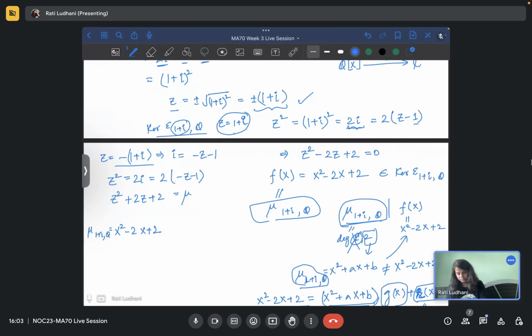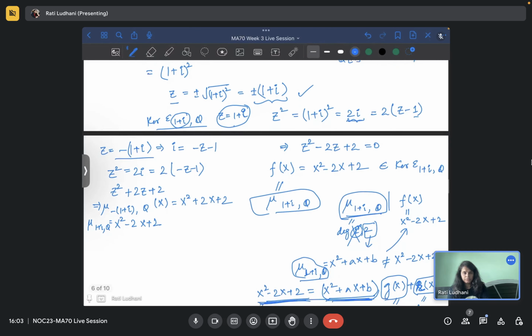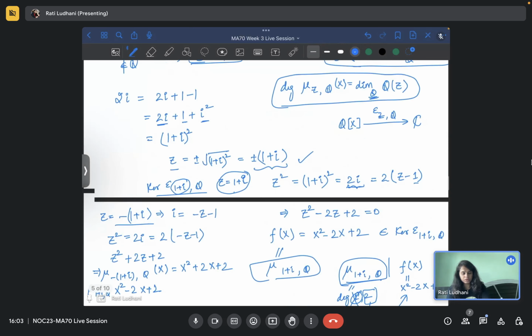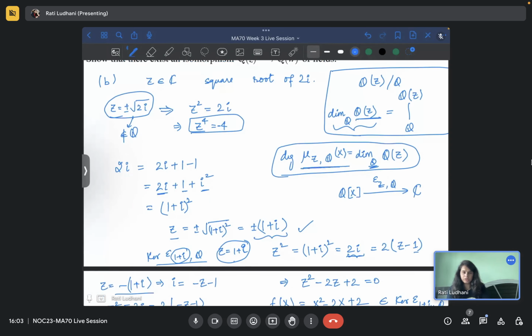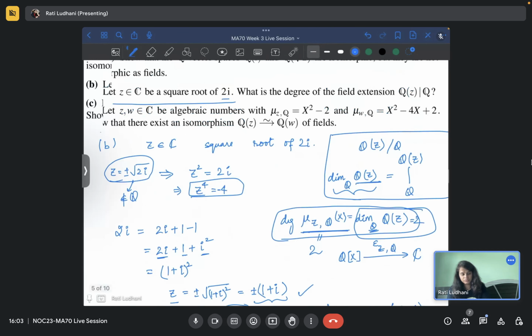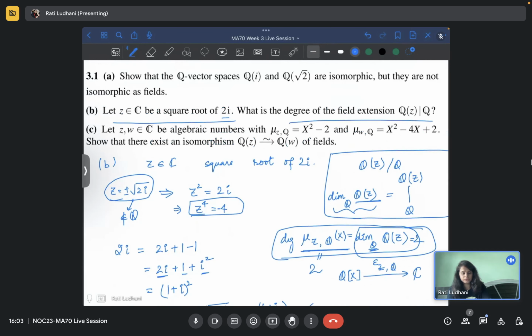So this implies mu of minus 1 plus i over Q is x square plus 2x plus 2. Is that okay? I hope so. Now you have the minimal polynomial, and the degree is equal to 2. So the dimension is really equal to 2, which they have asked.